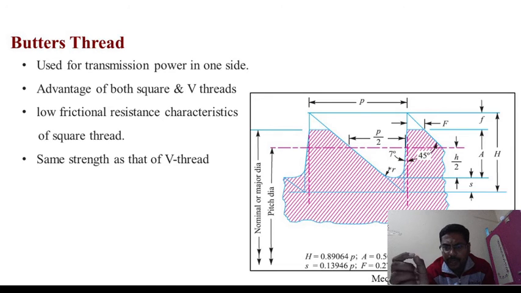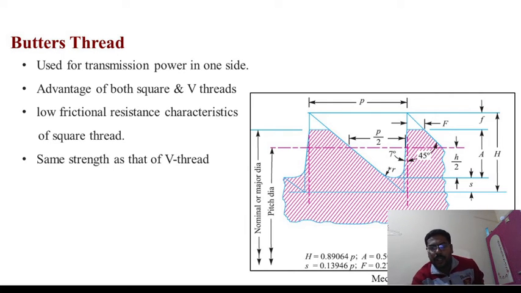Observe here, the parameters are very different from the other threads. This is the H and A, H divided by 2, a 45 degree inclination, and a curved parabolic surface, pitch divided by 2, and the pitch distance is totally different from the other threads.